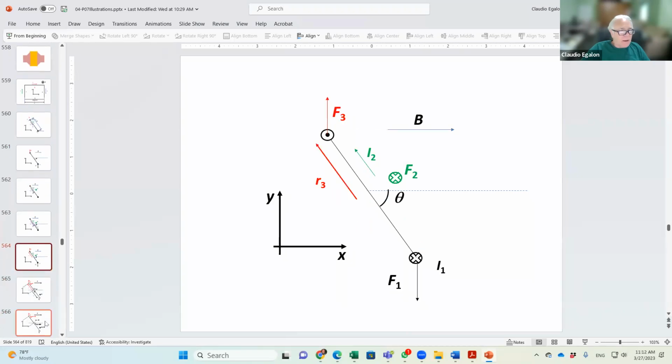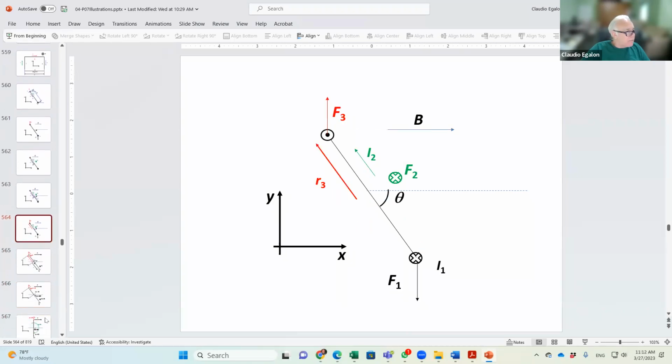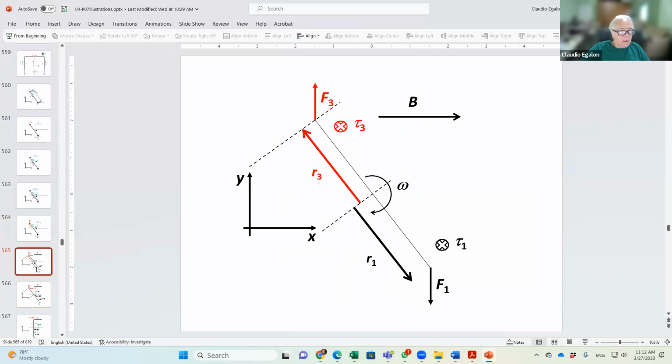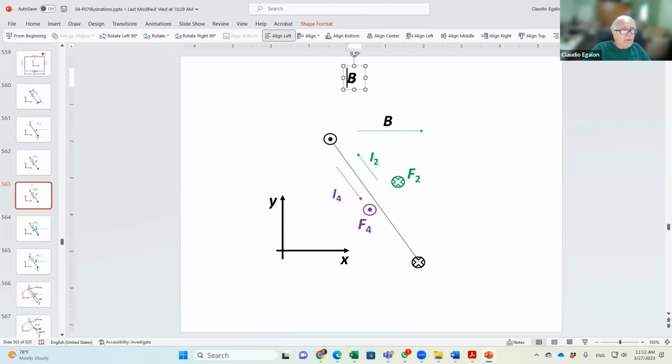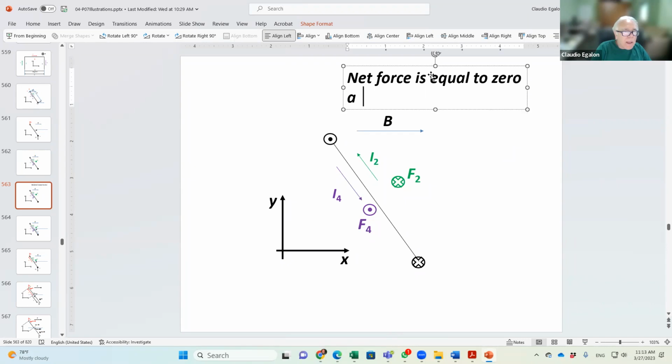And let's see if I have a drawing here of the torque. Okay, I'm going to do this one right here. Torque, in this case, torque is equal to 0. I'm going to write that down here. Net force is equal to 0, and produces no torque.